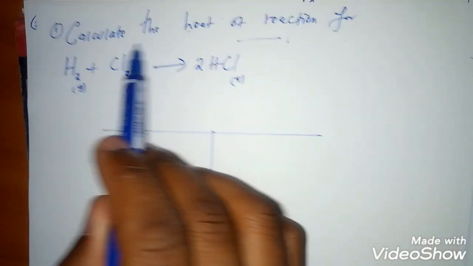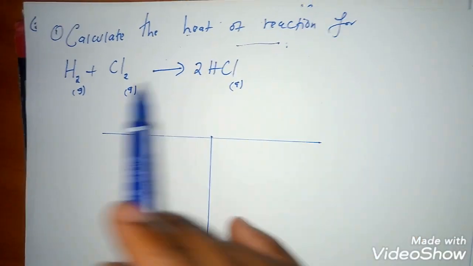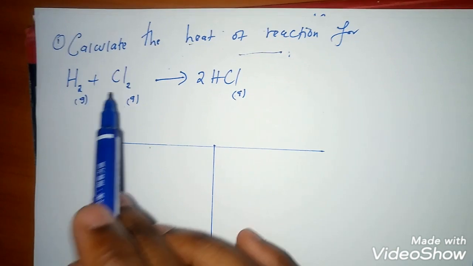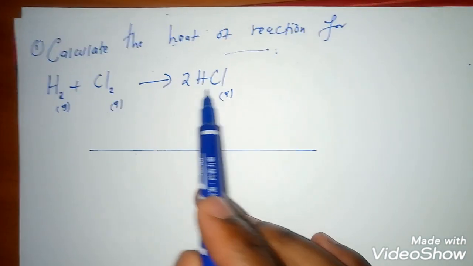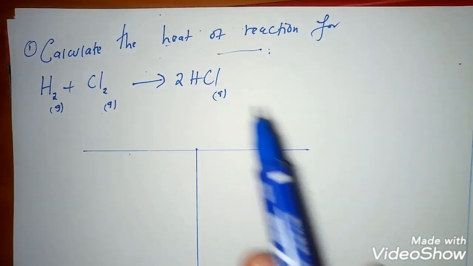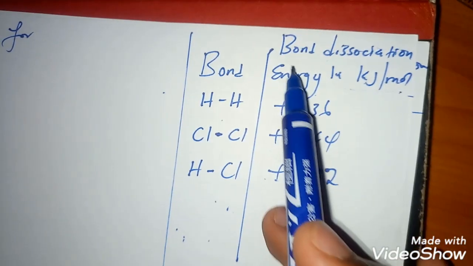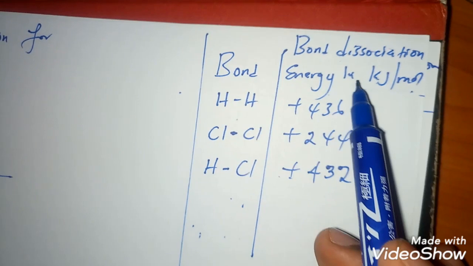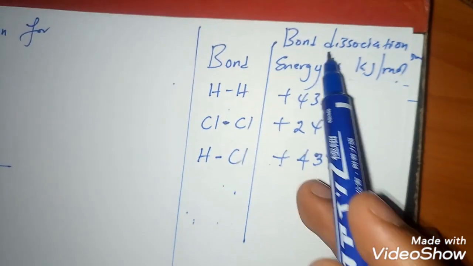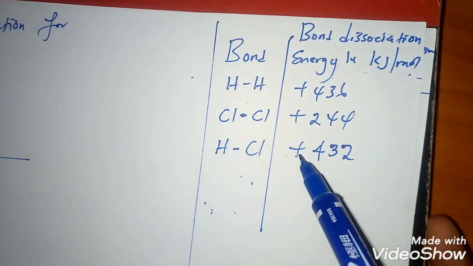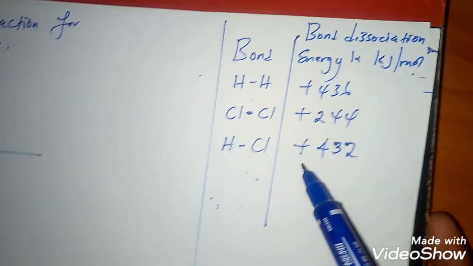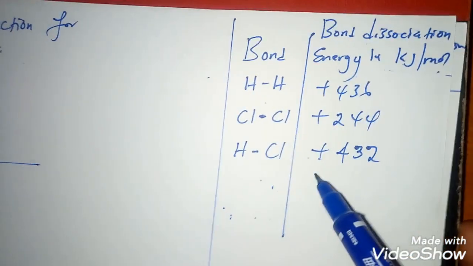Now assume we want to calculate the heat of reaction for the reaction between hydrogen gas and chlorine gas to form hydrogen chloride gas. In such a case, you will be given bond dissociation energies. And as we said, when a bond is being broken, energy is absorbed, so the values are positive.